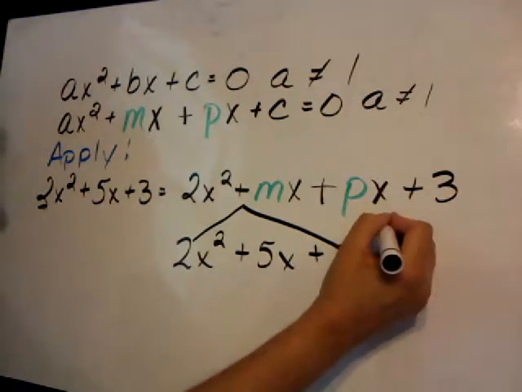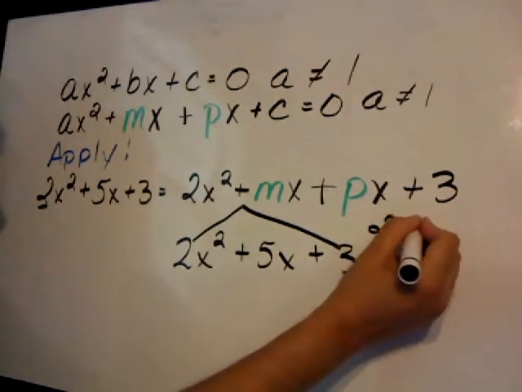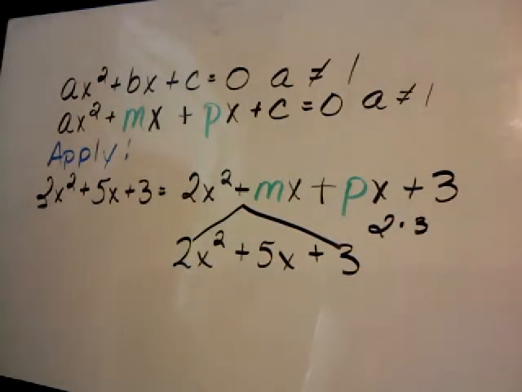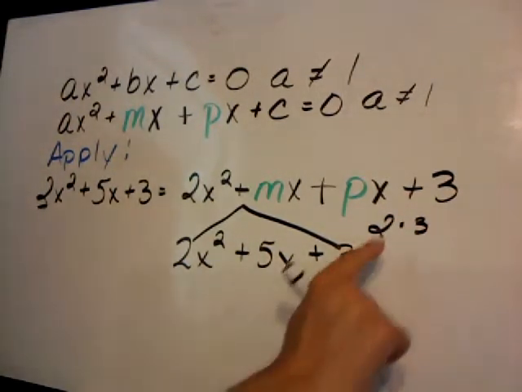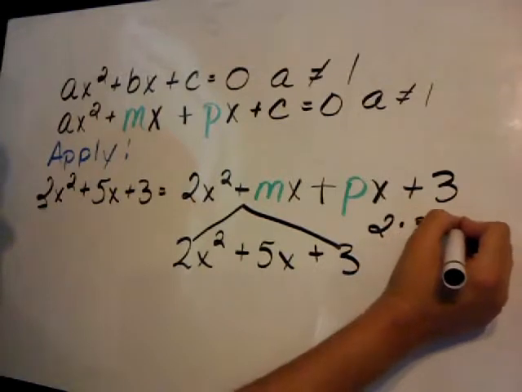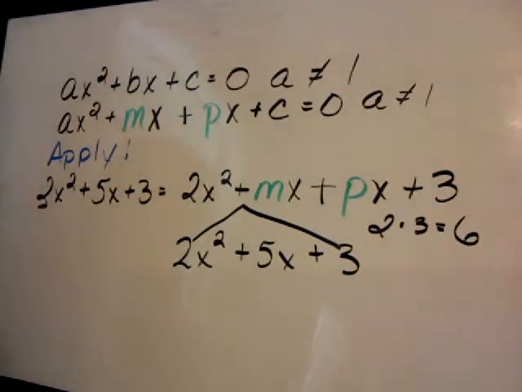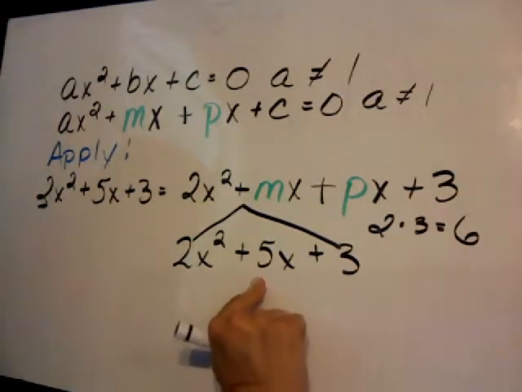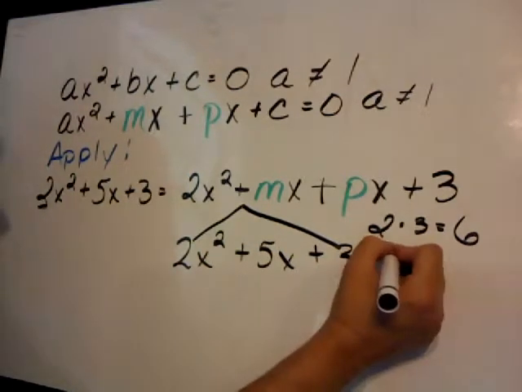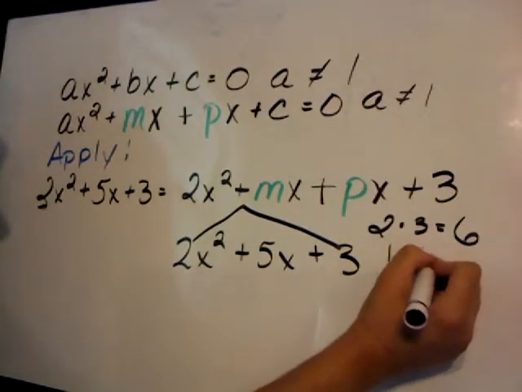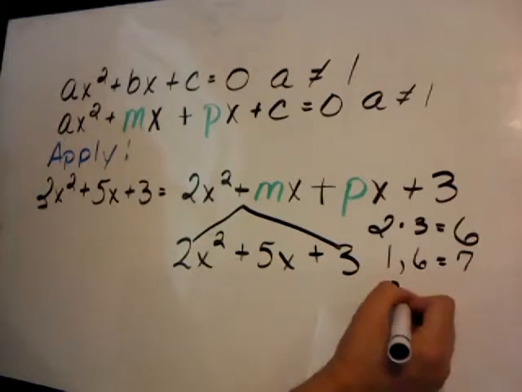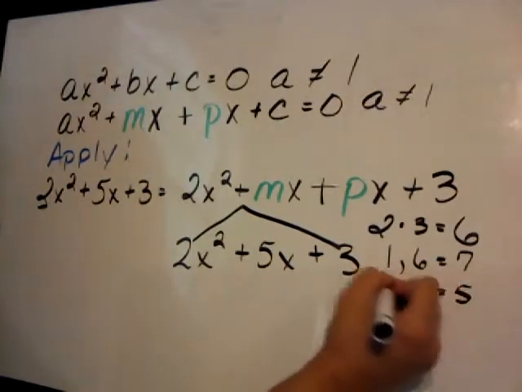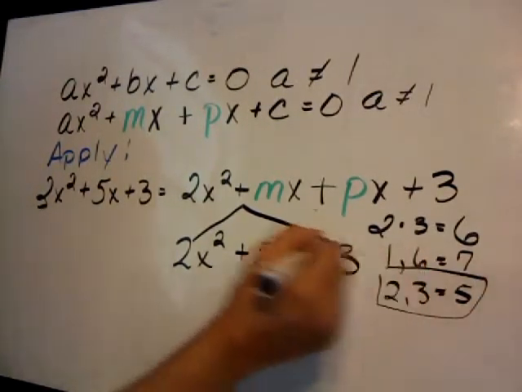So we're going to multiply 2 times 3, and we're going to ask ourselves, what are two numbers that when I multiply them together, I get 6, but when I add them, I get 5? Well, I know that the factors of 6 are 1 and 6, which equals 7, and 2 and 3, which equals 5. So I'm going to use 2 and 3.